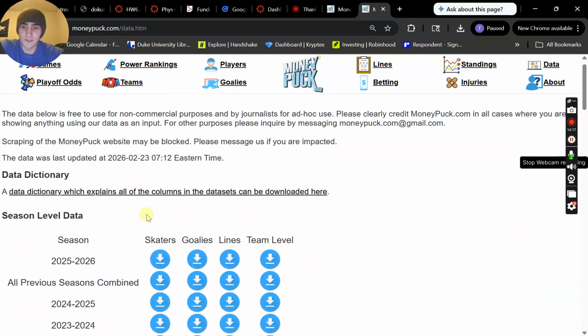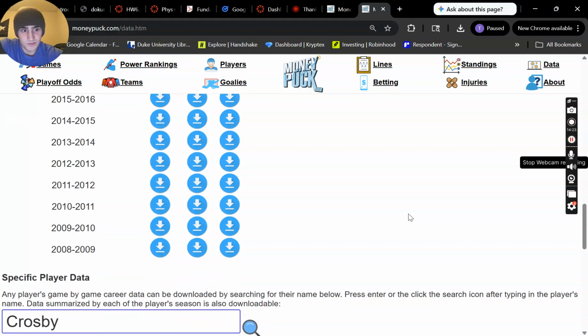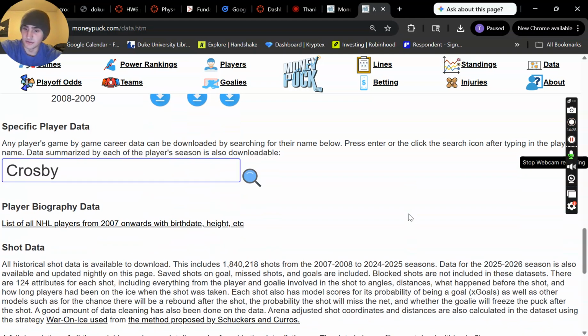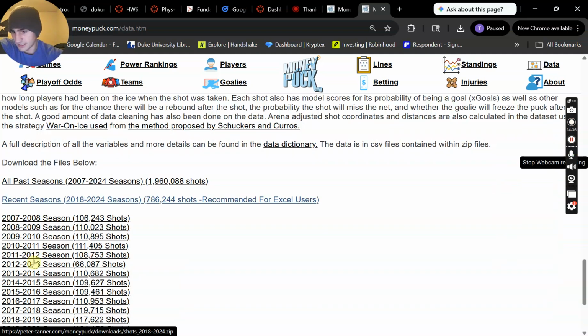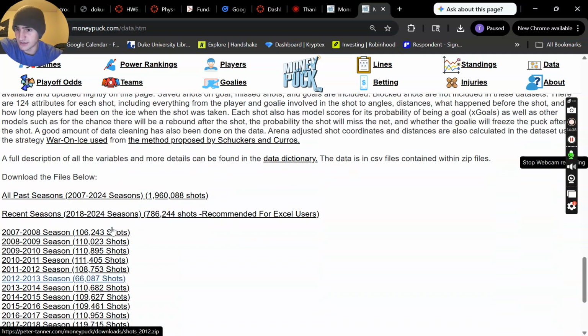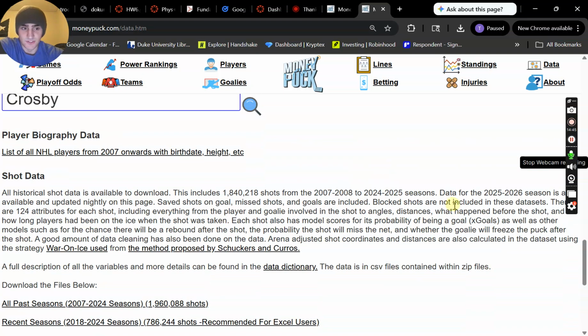If that's of your interest, you can download the information, and it'll probably download into an Excel file, with tens of thousands, if not hundreds of thousands of rows, and at least 30 to 40 columns of just all the information. And they recap all the shot data and how they use the shot data to calculate the probabilities for expected goals and whatnot, angles, distances, etc.